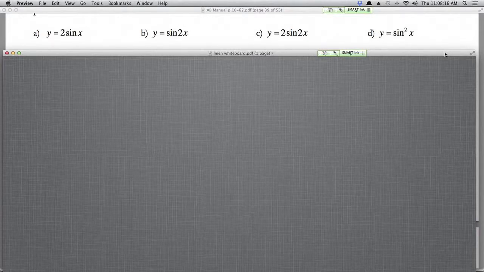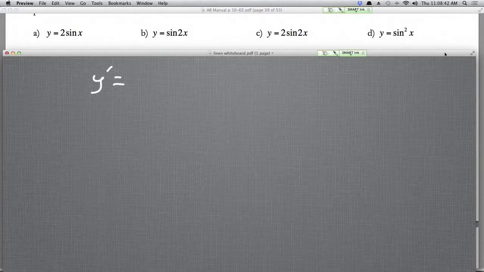Now, what's required on B? What do I have to do? You gotta make sure 2x stays the same, but do you guys see anything else that's going on with that problem? Y equals. Alright, so what do you think the derivative should be of this?